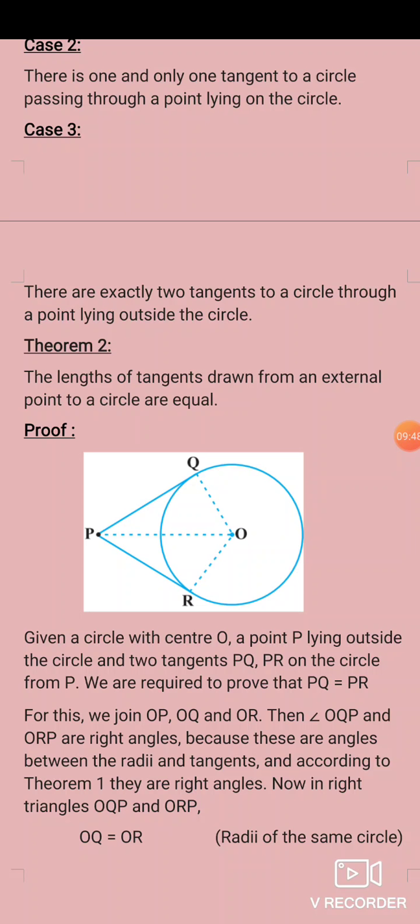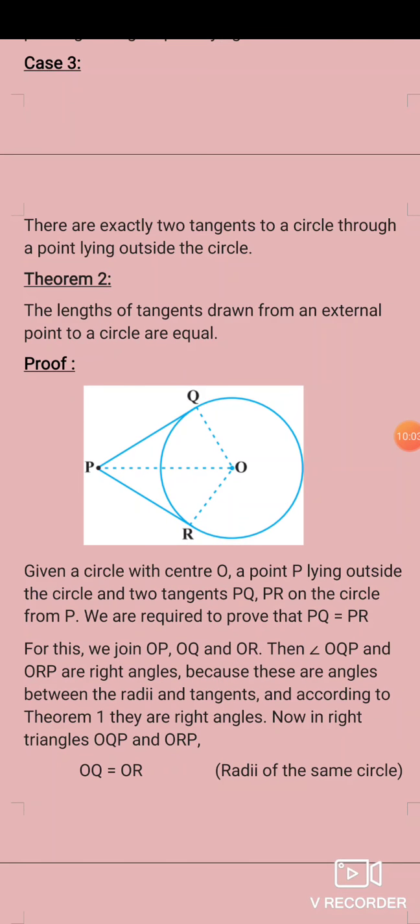Then angles OQP and ORP are right angles. Why are they right angles? Using theorem 1, because these are the angles between the radii and the tangents, and according to theorem 1, they are right angles.